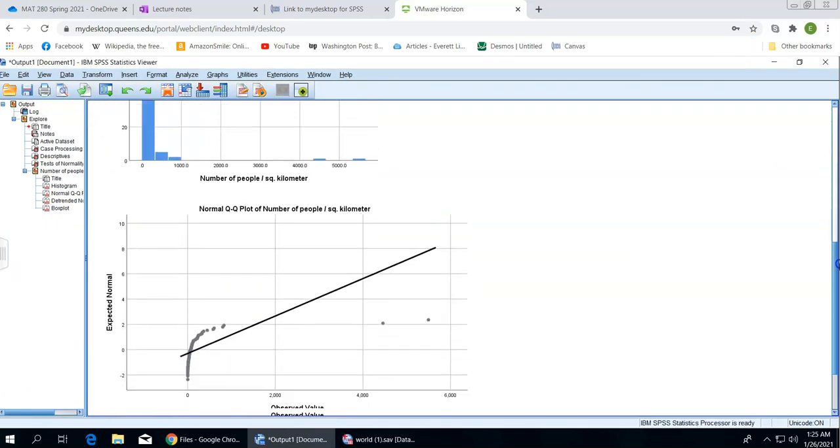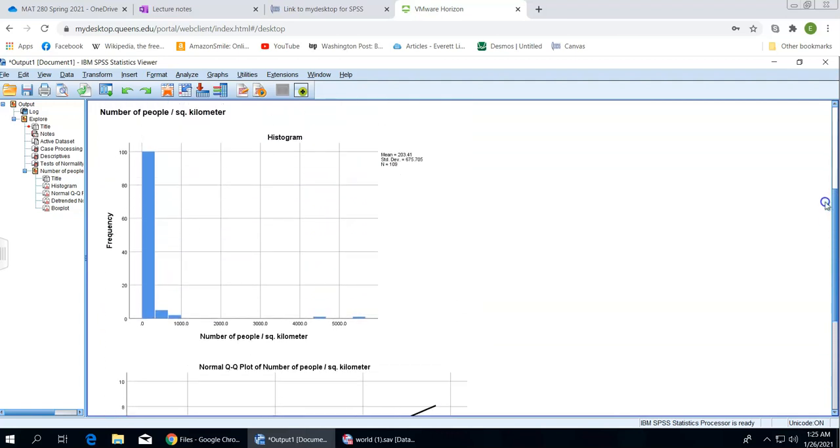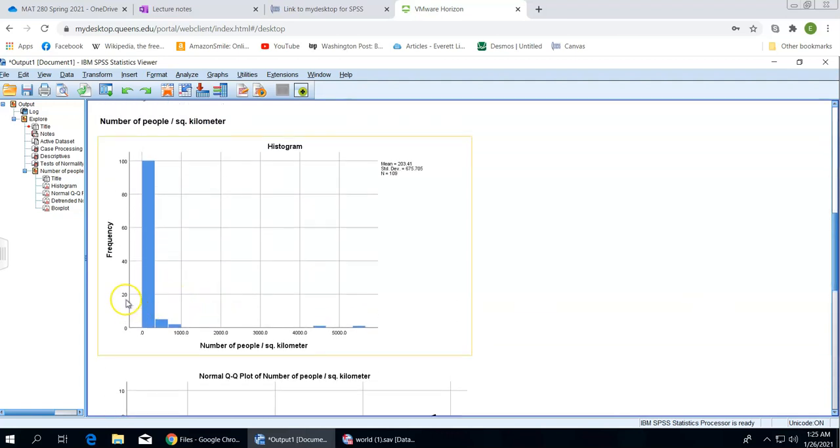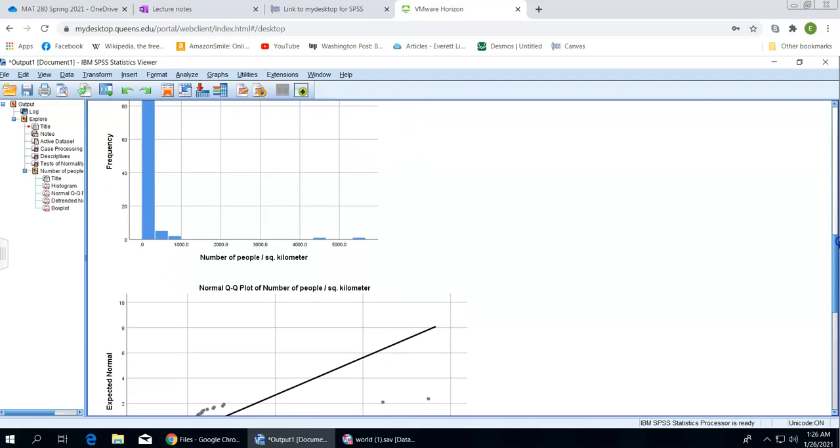And if we look at, well, first of all, if you look at the histogram, you can see that this is clearly not normal. You've got one huge bar here and then a couple of really extreme outliers. So you can tell it's not going to be normally distributed.